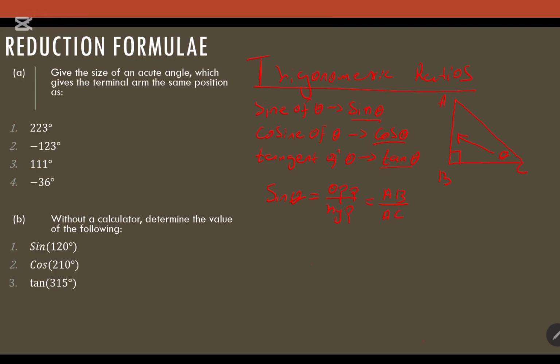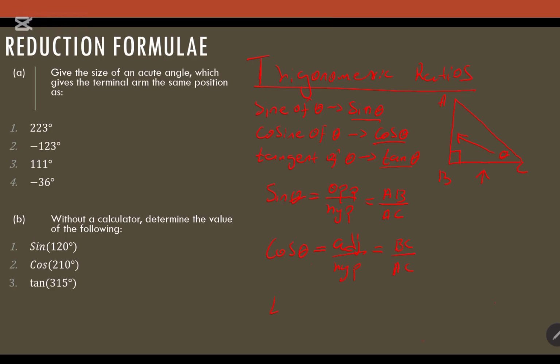The next one, we have cos of theta equals the length of the side adjacent to the angle theta over the hypotenuse. So the side that is adjacent to the angle is this side, which is BC. Therefore, this ratio will be BC over the hypotenuse, in this case AC.